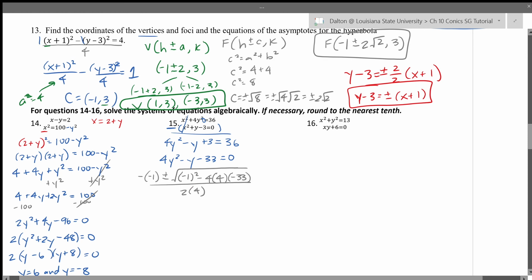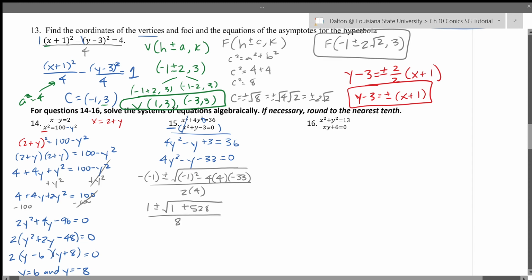And then we just need to simplify this. Negative -1 will be +1, plus or minus the square root of 1. A -4 times 4 times -33 will change to a positive, and that'll be 528, all divided by 8.